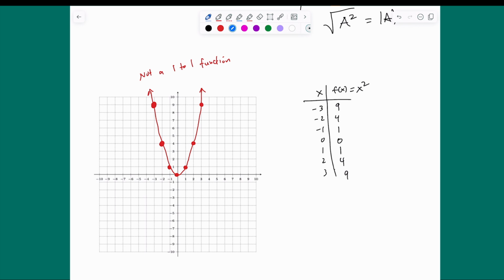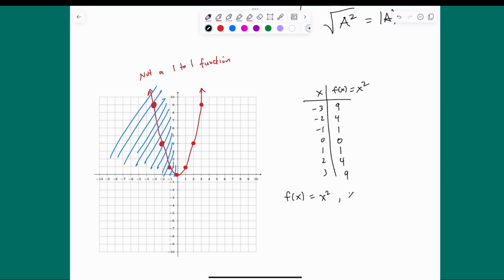So if we want the square root of x to be the inverse of x squared, we could take a branch of it. In other words, we could restrict x squared to the domain where it will make sense. So we will restrict the domain of f of x equal to x squared to just positive numbers. In other words, x greater than or equal to 0.